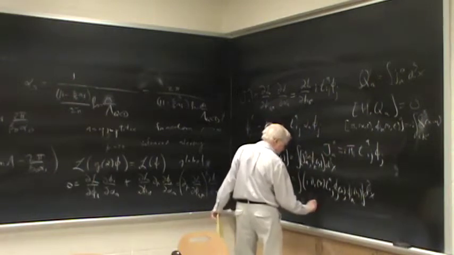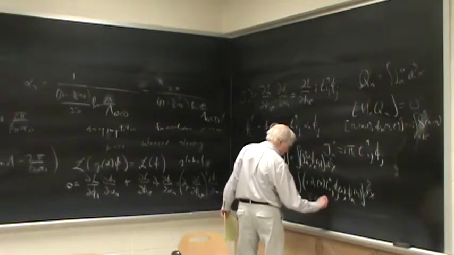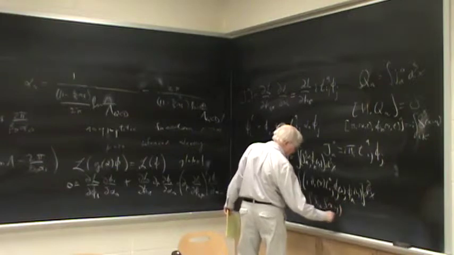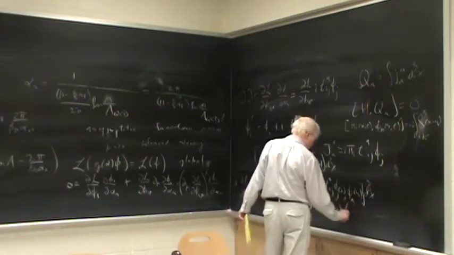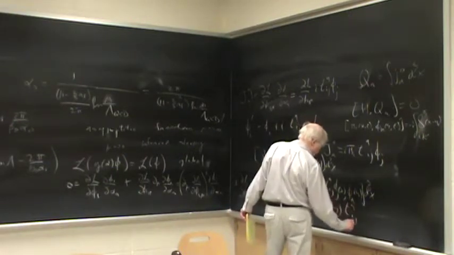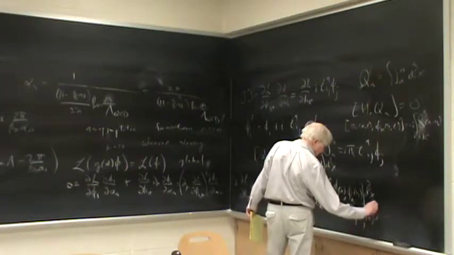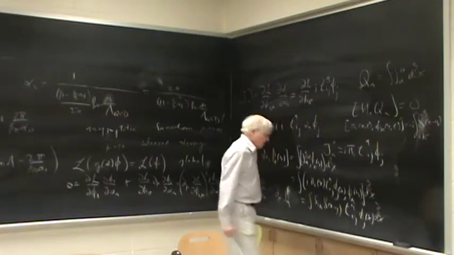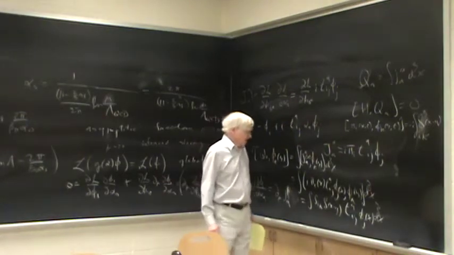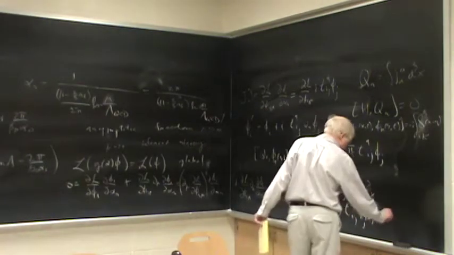So this is delta_ik delta cubed x minus y T^A_ij phi_j of x d^3x. Well, the delta function shows us what this is.